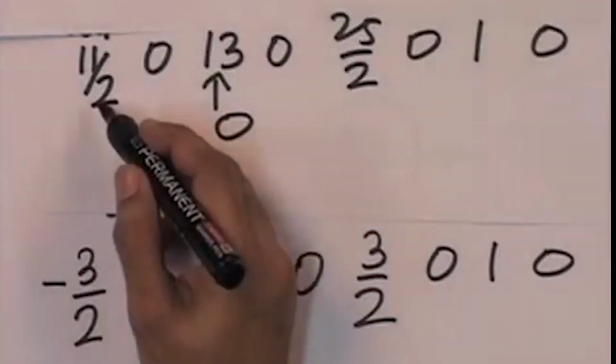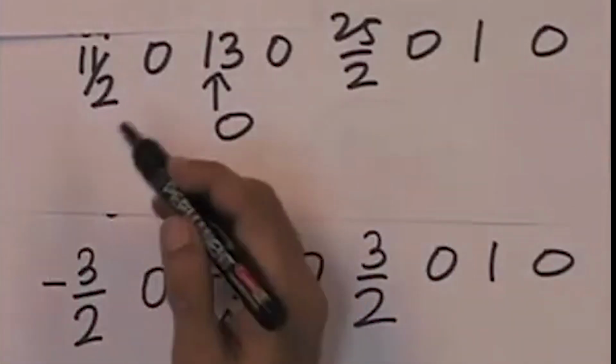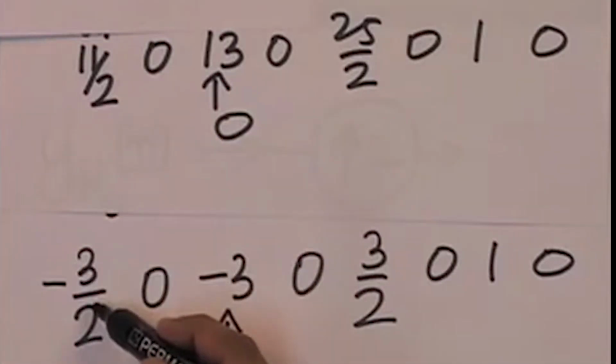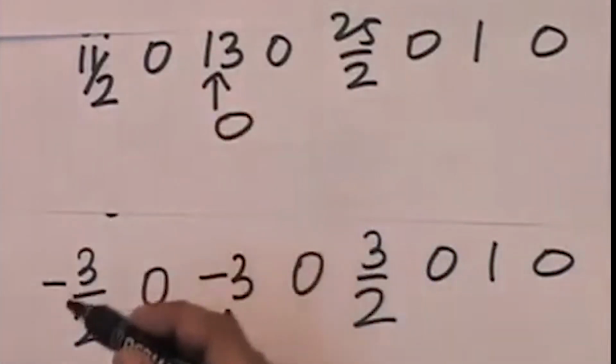And 11 by 2 minus of minus 3 by 2, in other words 14 by 2, would give you the value of y(t) in the interval from minus half to 0. So, what you need to do is operate the sum filter, this plus this, for the first half interval and this minus this for the second half interval.